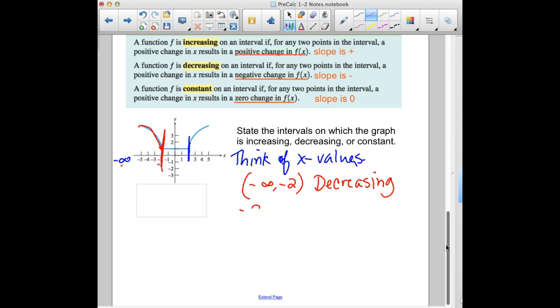Okay, so from -2 to +2, in that interval, it is constant. And then at 2, it changes again. And it's the same all the way to +infinity. My graph is moving up. My y values are increasing. So from +2 to infinity, my graph is increasing.